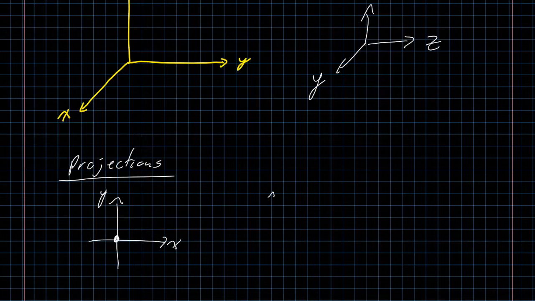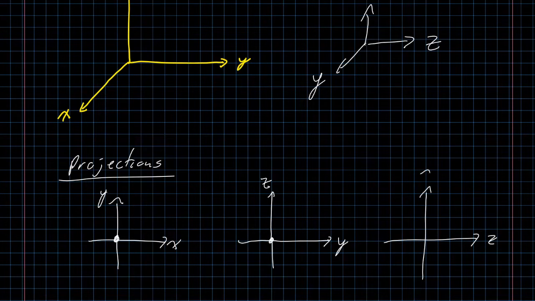If we set up y and z, then we have x coming right towards us. And if we set up z and x, then we have y coming right towards us.